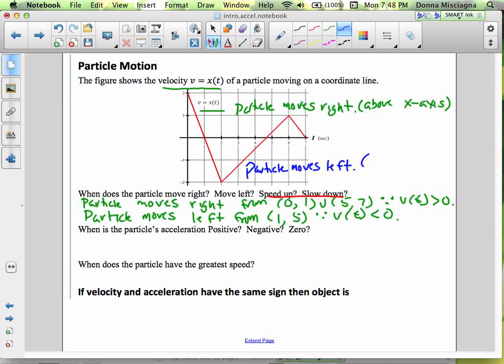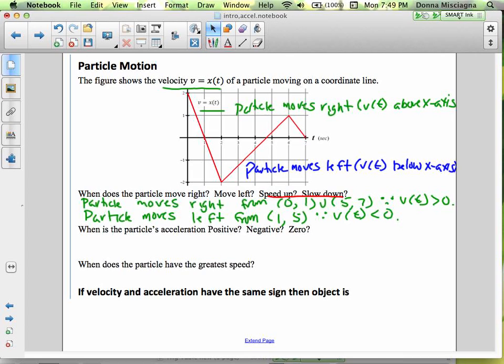Particle moves left below the x-axis. And actually I should even specify that more. So it's v of t that's below the x-axis here. I'll make this nice. I don't like it when my notes aren't clear. And particle moves right, v of t above x-axis.